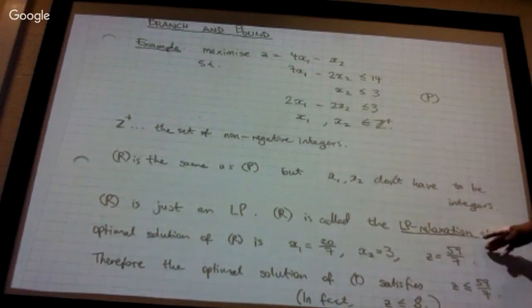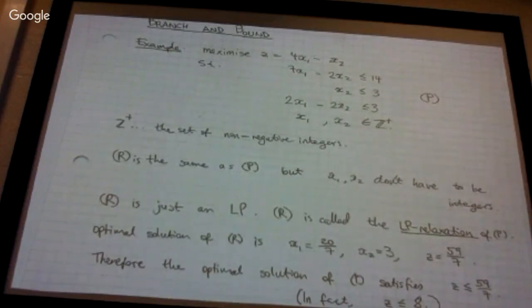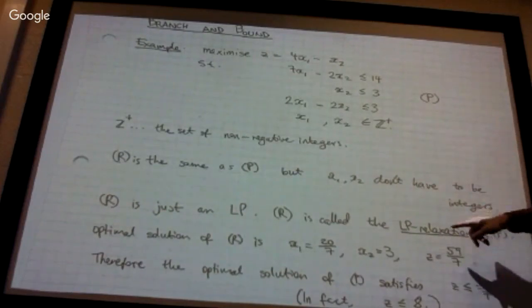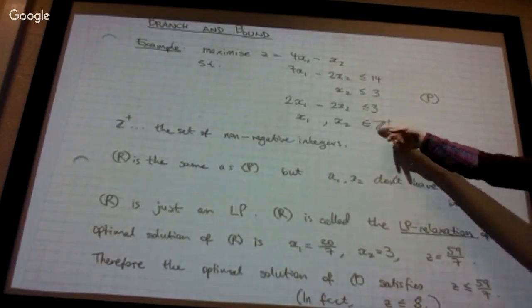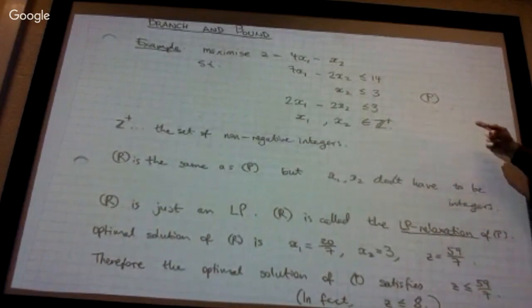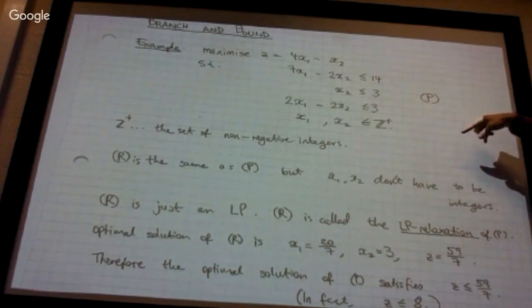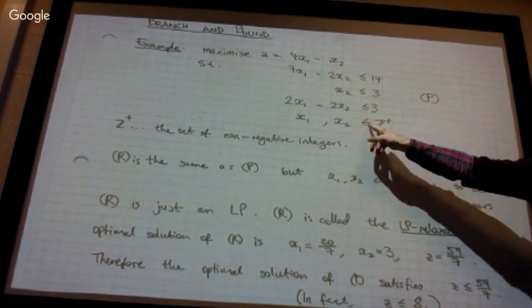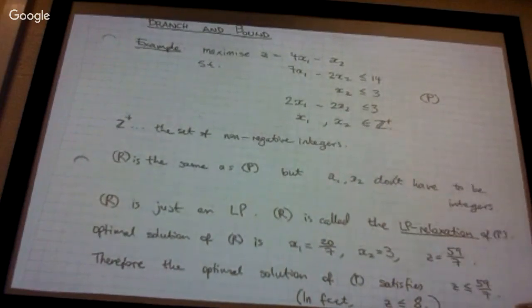So an ILP relaxation of an integer problem like this is a linear programming problem, as ILP would suggest, in which you forget that these variables have to be integer, and you just want them to be non-negative. And so if you solve that problem, we saw it last week, and x1, x2 just have to be non-negative, but not necessarily integer. The solution you're getting is going to be this one.